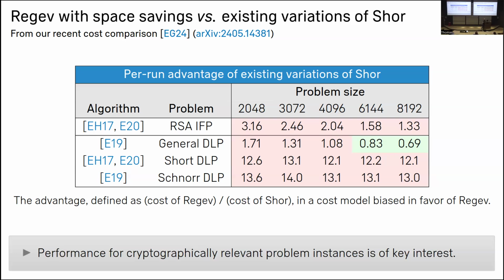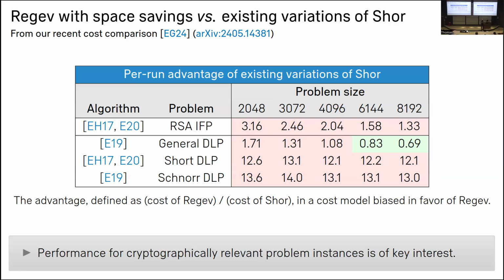So if the number, the problem size, is small, we can have some advantage from Regev's algorithm and your algorithm. Is that correct? If you mean the numbers in the table here, they are the cost of Regev's algorithm divided by the cost of Shor's algorithm. So a smaller number means that our extension of Regev's algorithm is more efficient, while a larger number means that Shor's algorithm is more efficient for them.